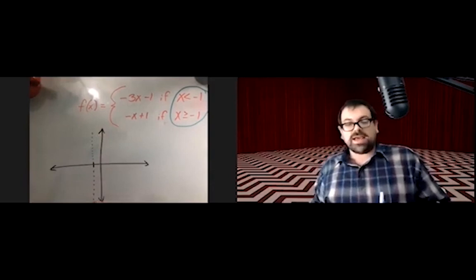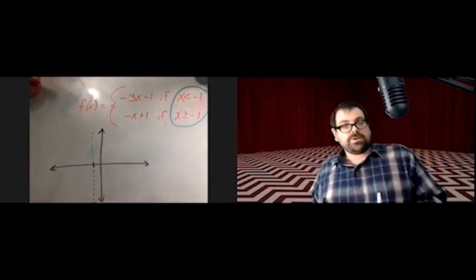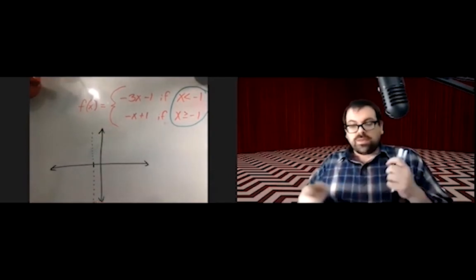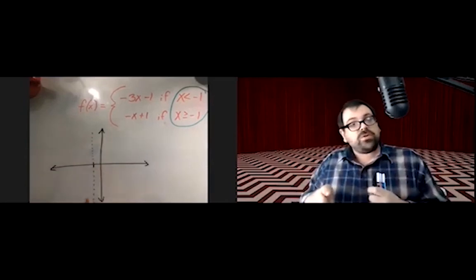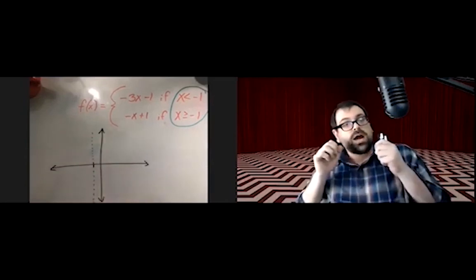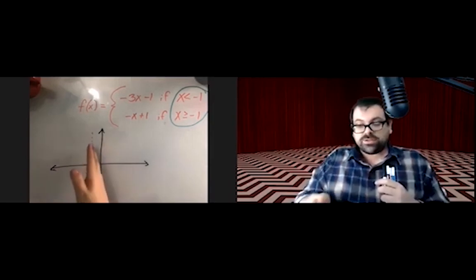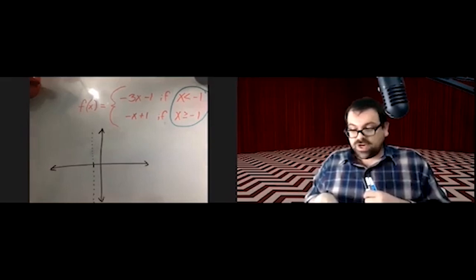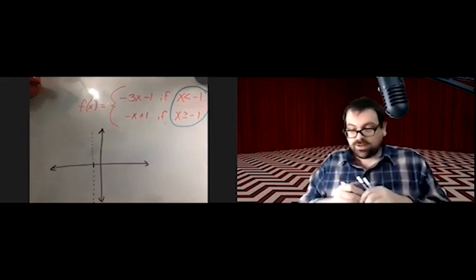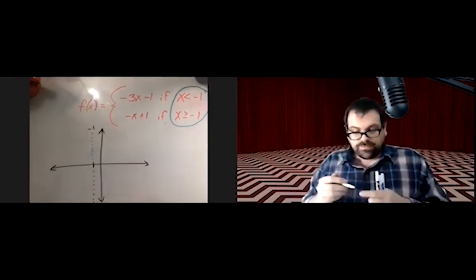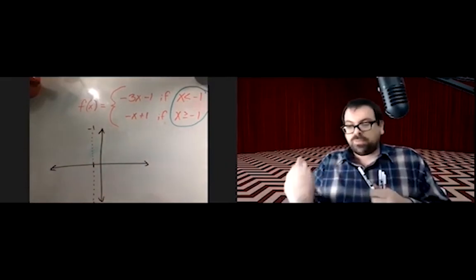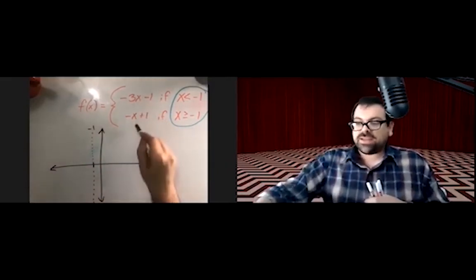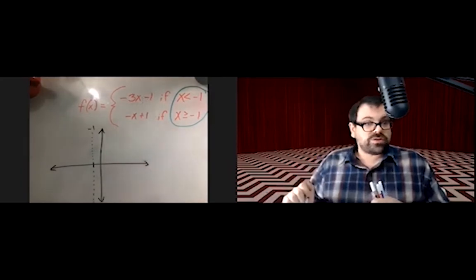And I put a dotted line in there. And then I find all the filled in or open circle endpoints on this line. Since this dotted line is negative 1, I put that value in for x in both of the functions.